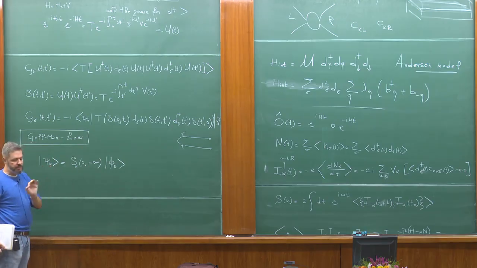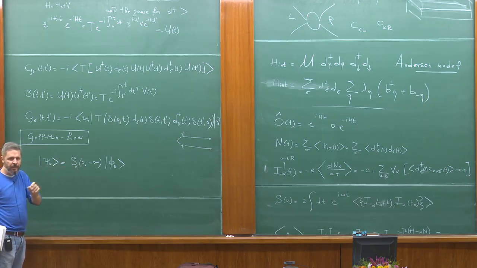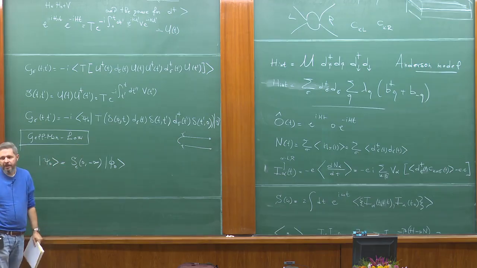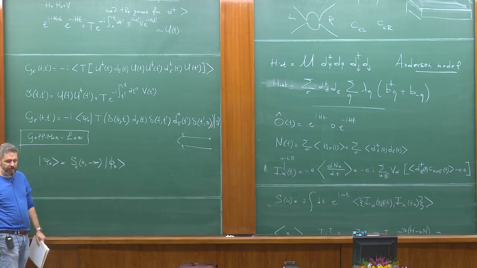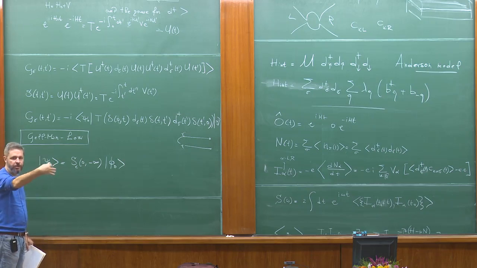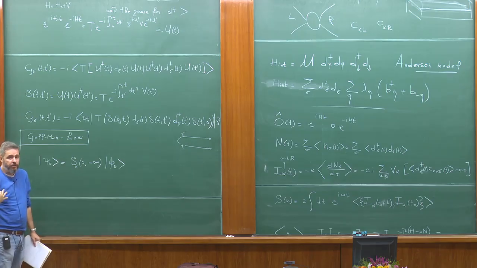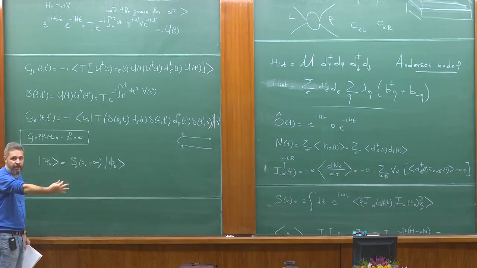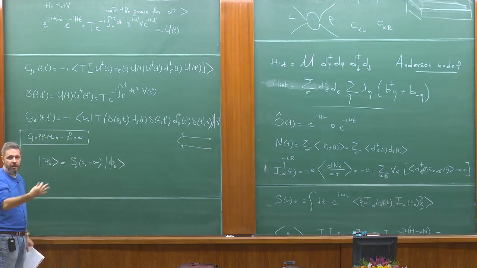This epsilon means that you're adding a small regularization to your integral in which you're adiabatically switching on the interactions with an adiabatic parameter epsilon that eventually you will send to 0. But the meaning is that slowly you're turning on your interaction, starting from the non-interacting ground state, and eventually you end up in the interacting ground state.